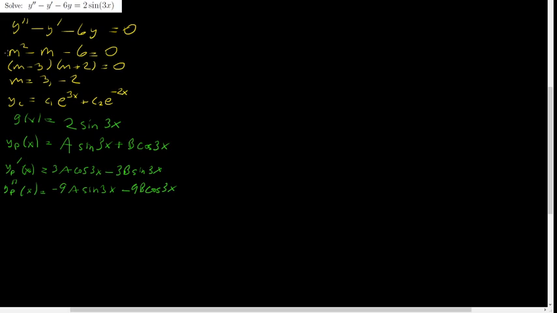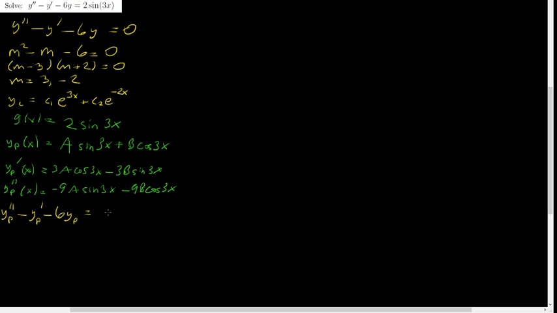So now let's calculate what y double prime minus y prime minus 6y equals. These are just for the particular solution. For the y double prime, it's all of this. Let me factor out the sine 3x and cosine 3x.